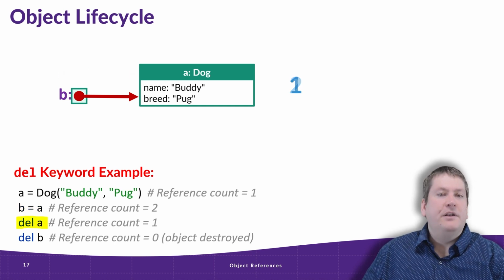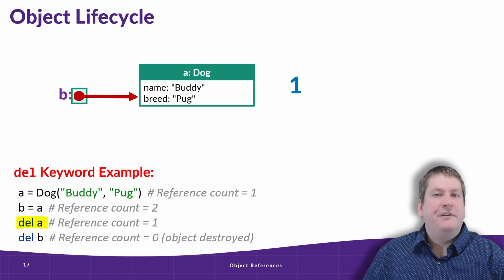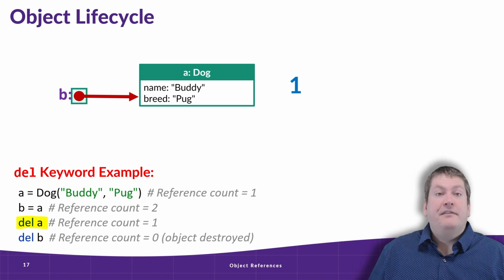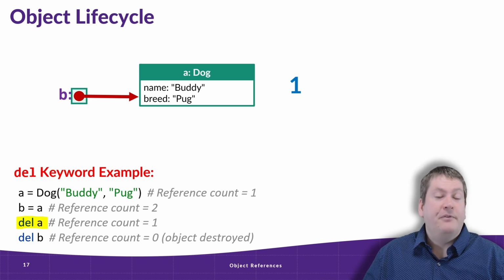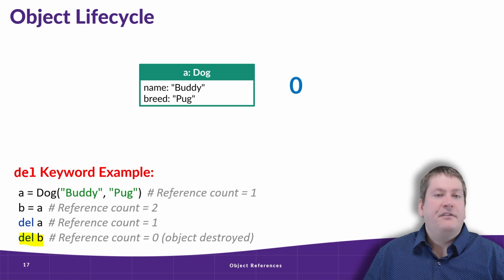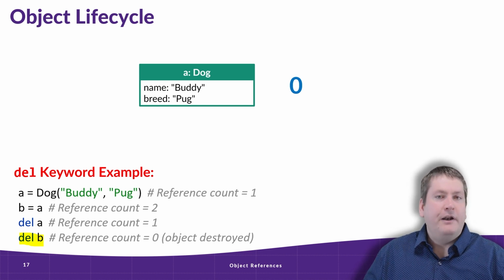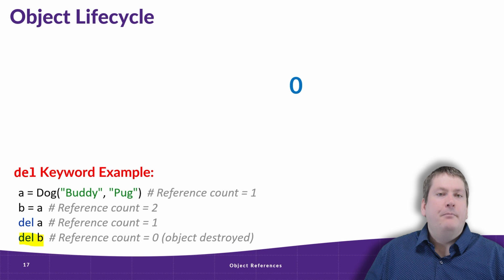Now on the next line, we delete a reference. We delete the reference a. And this lowers the reference count to 1. We can still access this object fine through b, we just can't access it through the a reference anymore. Now on the next line, we delete the last reference, b. So the reference count drops to 0. When the reference count drops to 0, it means eventually Python's garbage collector is going to come by and free up that memory.